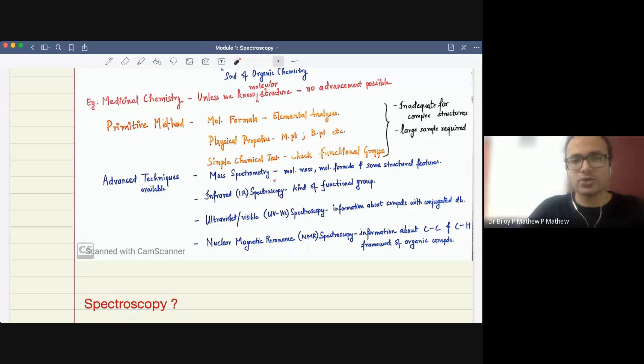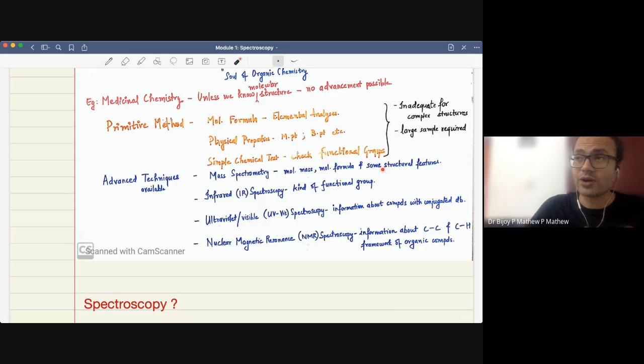As the name suggests, it will give you the correct molecular weight of the compound, and from the molecular weight you can determine a more perfect molecular formula, and also get some indication about the structural features of the compound.